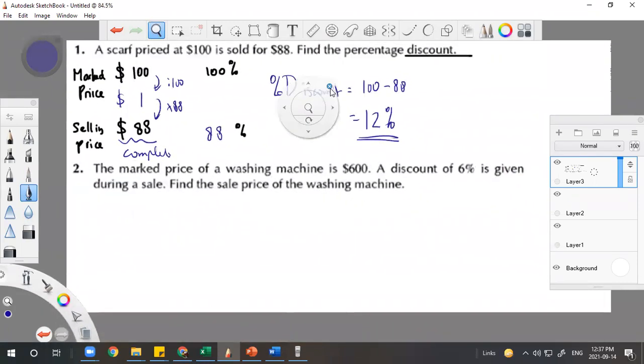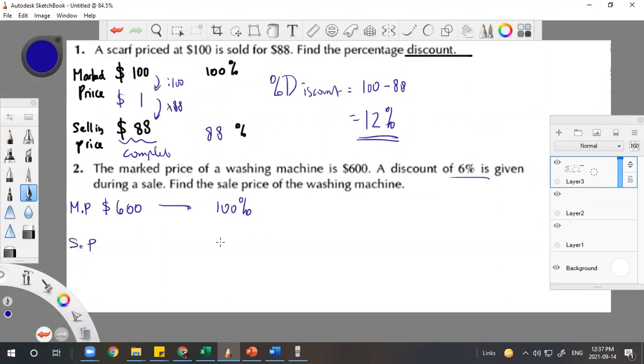The mark price is $600. Right, the mark price, I just write MP. And this is always 100%. Okay, a discount of 6% is given during the sale. So what is the sale price now if it is decreased by 6? 94.